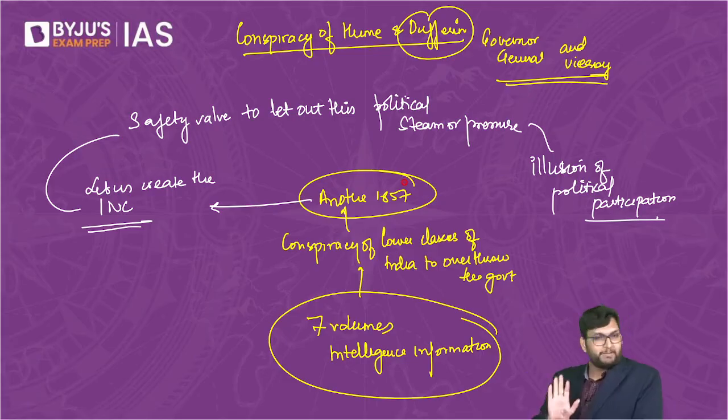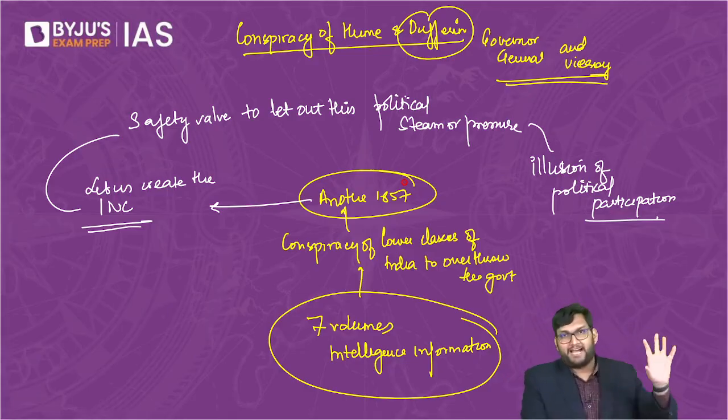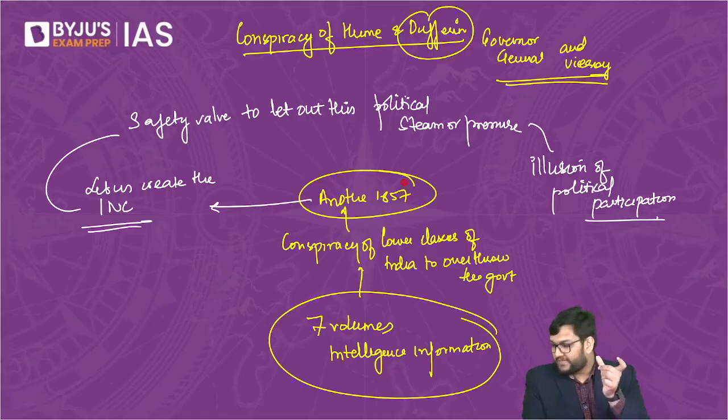Now the concept is very simple. Now please try to understand this. The INC in the initial phase will be moderate, meaning conservative. And this word safety valve was actually not given by Wedderburn. This word safety valve was actually given by Lala Lajpat Rai in order to criticize the British and the INC, that the INC is very mild.